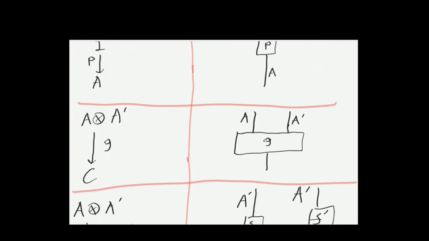Now, the really important thing about wiring diagrams is that when we have the product of a pair of objects, we can draw that in our wiring diagram by putting our wires side by side in parallel. So there's this idea that the tensor product of stuff can be represented by drawing things in parallel.